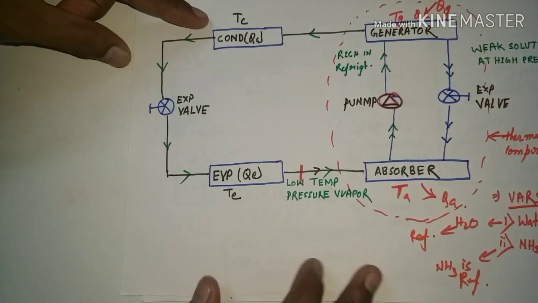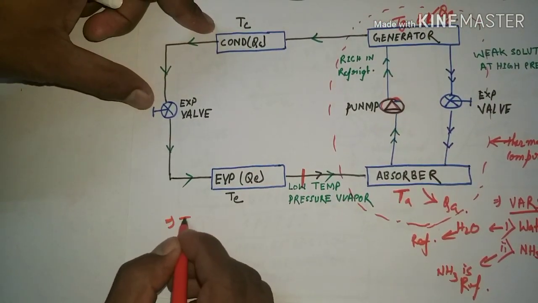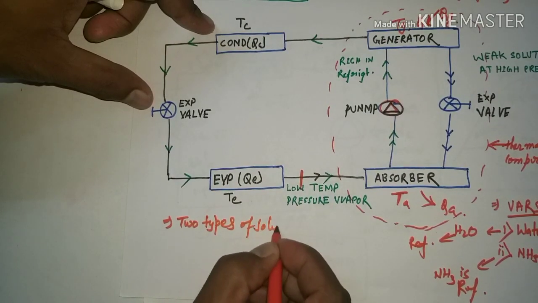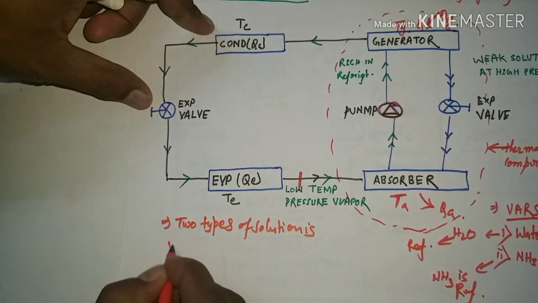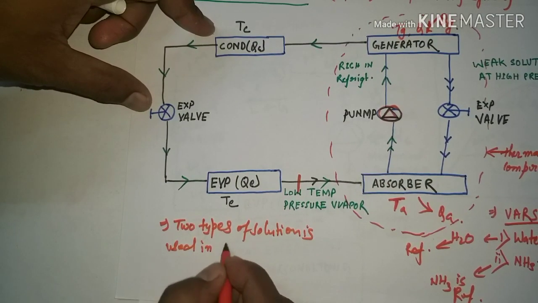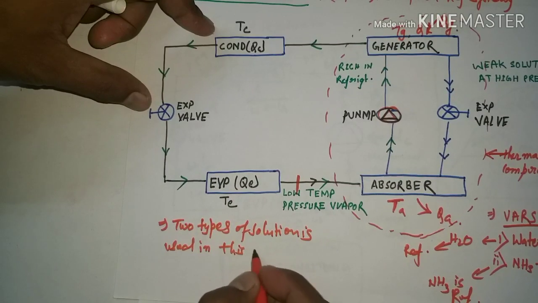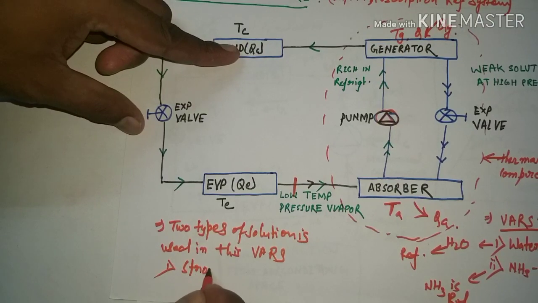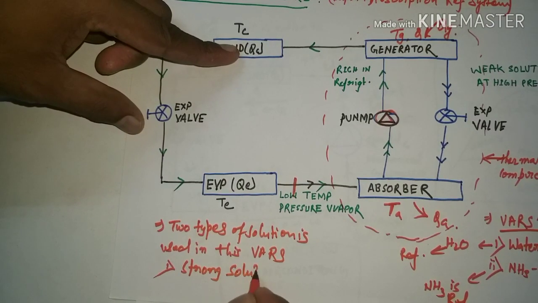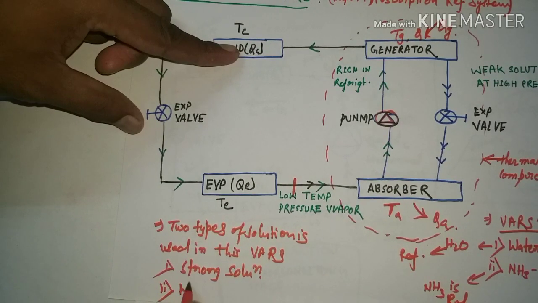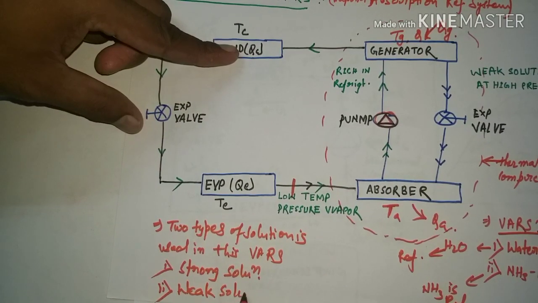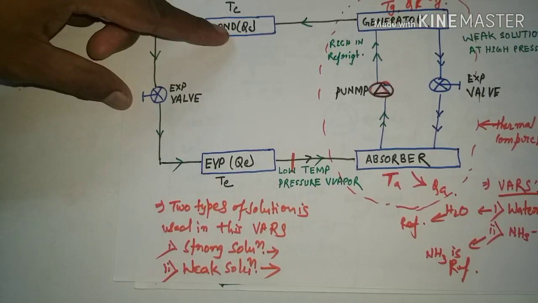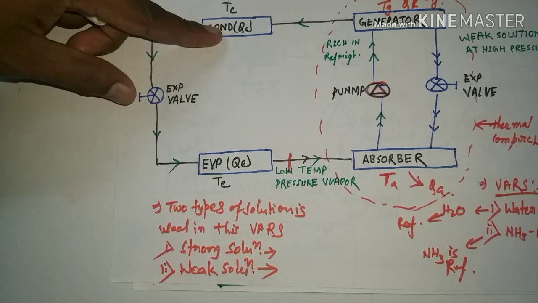One more thing I want to tell you: there are two types of solution used in this process, in this VARS, vapor absorption refrigeration system. One is a strong solution, and another is a weak solution. You will have to understand the difference between them.